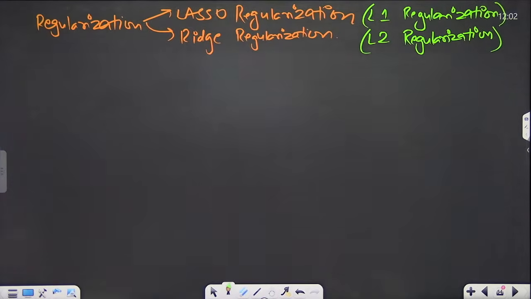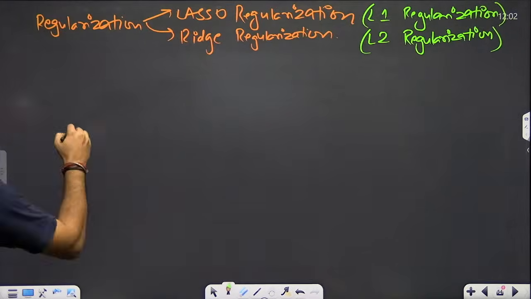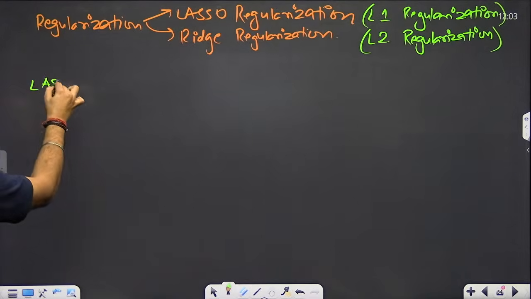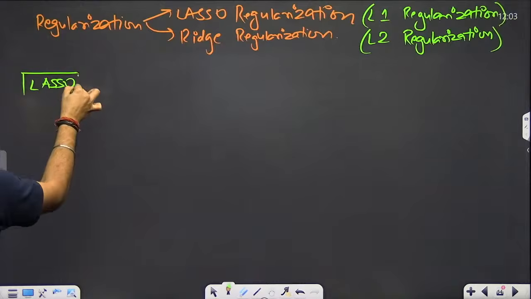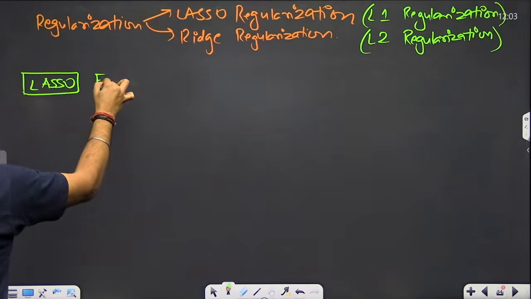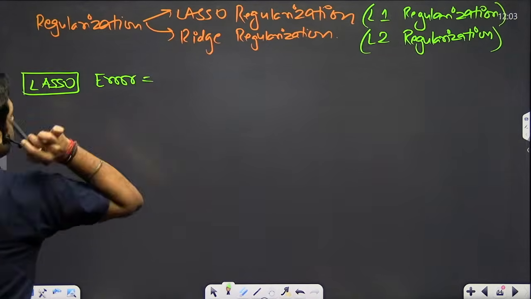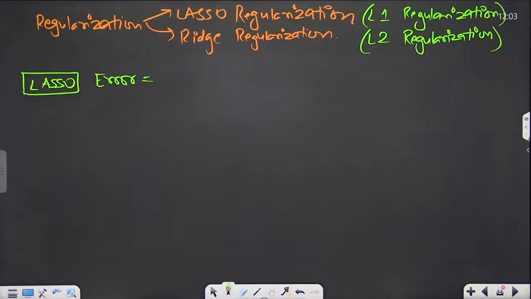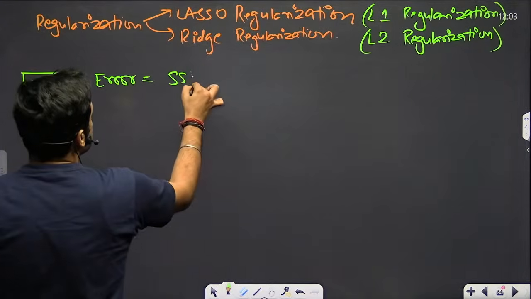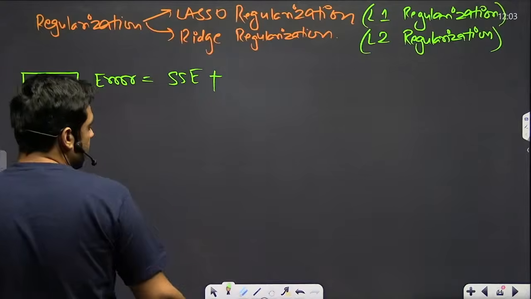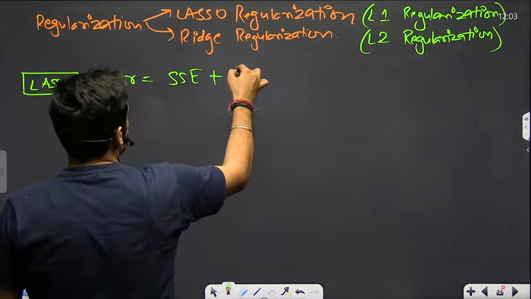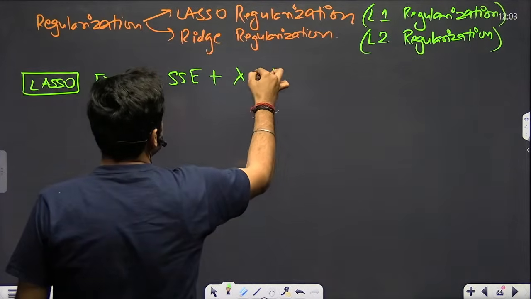So in case of the lasso regularization technique, the total error is the sum of squared error plus lambda times m.